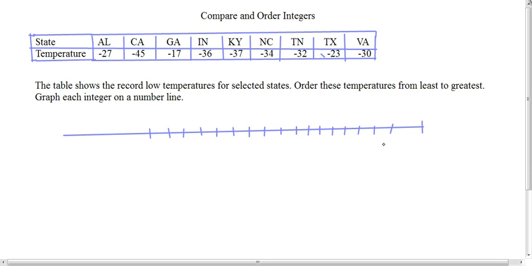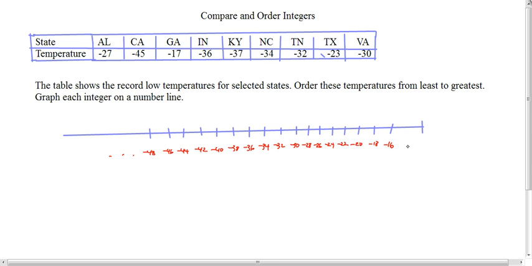Okay, so we said negative 16, negative 18, negative 20, negative 22, negative 24, negative 26, negative 28, negative 30, negative 32, negative 34, negative 36, negative 38, negative 40, negative 42, negative 44, negative 46, negative 48, and so on.